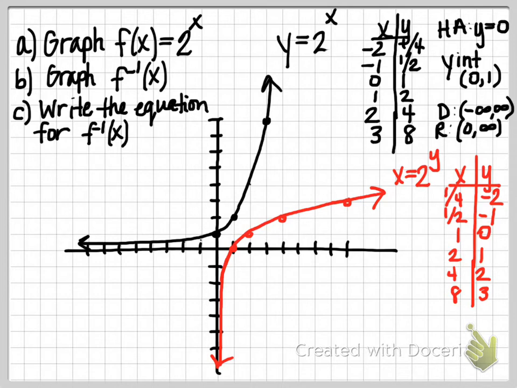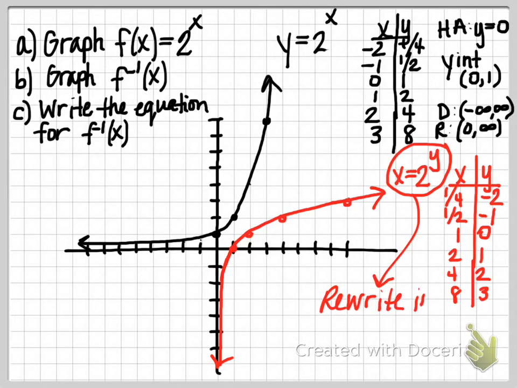They are inverses. So for part C, to write an equation for the inverse, we can take what we started with here. Our equation was x equals 2 to the y power. And all I'm going to do with that equation is just rewrite it in log form.